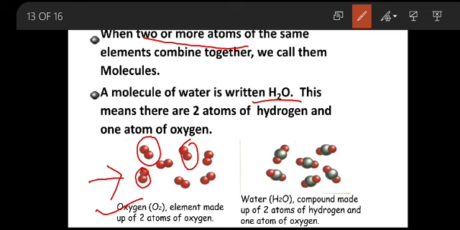Here, two atoms are attached to each other. So, as per my definition, when two or more atoms are combined together, we call them a molecule. Now, I will give this structure the name O2 molecule.